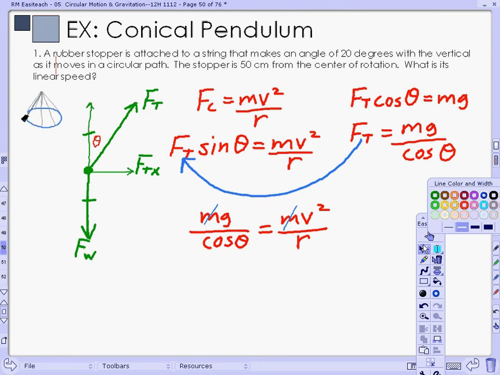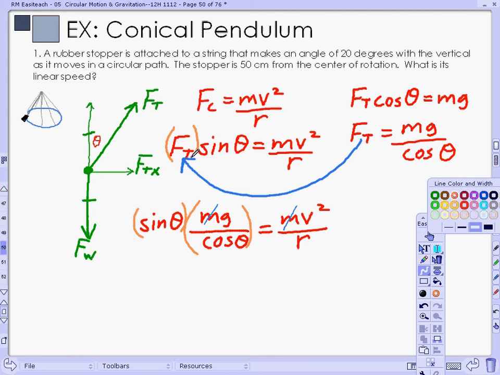Okay, so I'm just going to check off everything we know, and you can do the plugging and chugging at your leisure. I know theta is 20 degrees, so I can do sine and cosine of theta. g is 9.8. I was told that the distance from the center was 50 centimeters, but be careful.